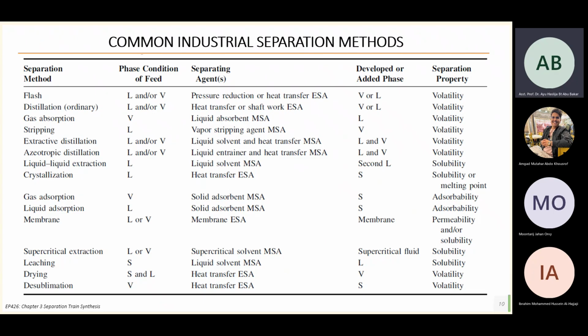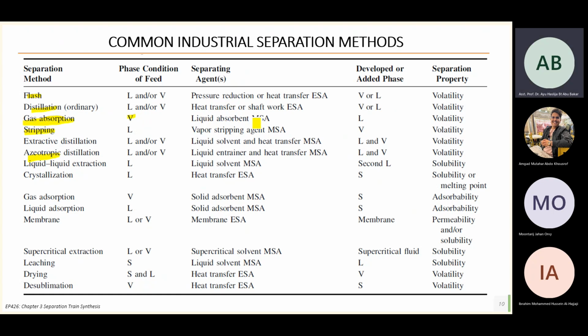Okay, these are some common industrial separation methods. They have flash distillation. It can be ordinary or extractive or azeotropic. Okay, there are a few types of distillation column. You have gas absorption, stripping. For example here for gas absorption, feed condition is vapor.